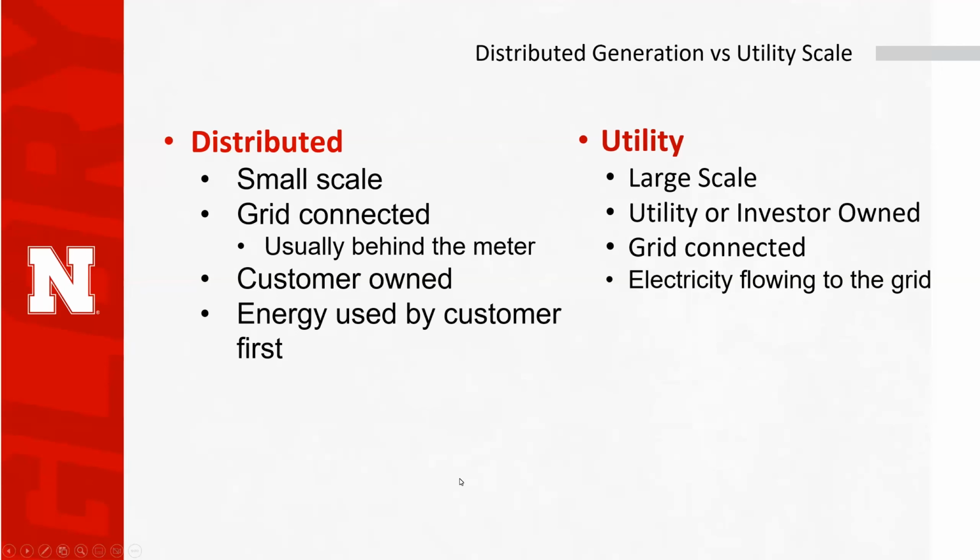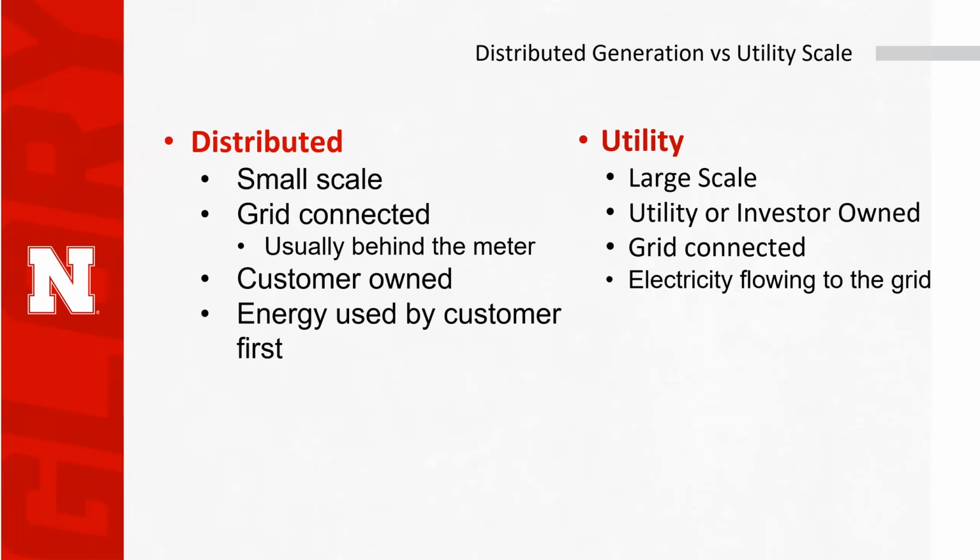One of the things I want to really focus on quickly is just a definition, in this case, of distributed versus utility. In this case, distributed systems, which is what this workshop is about, are small scale systems that are grid connected, usually customer owned, and the energy is used by the customer first.